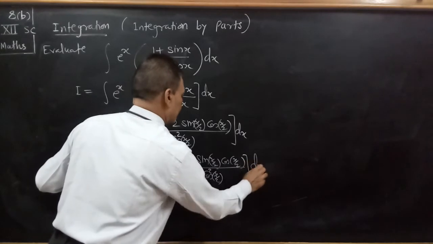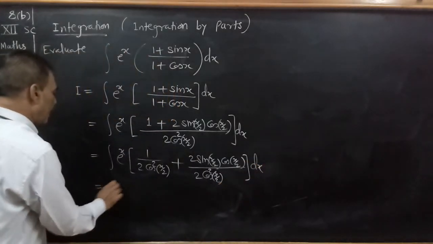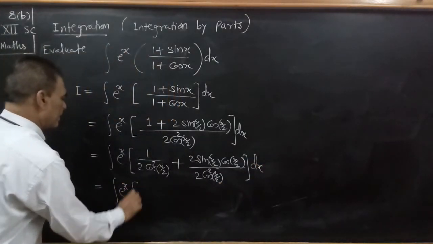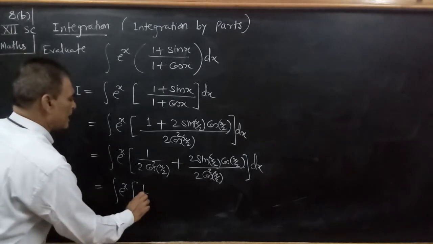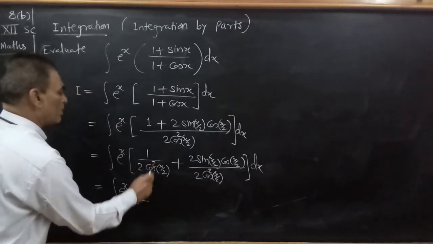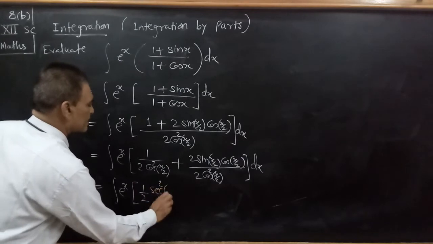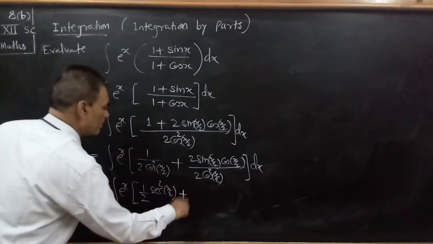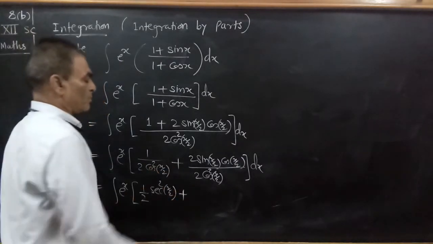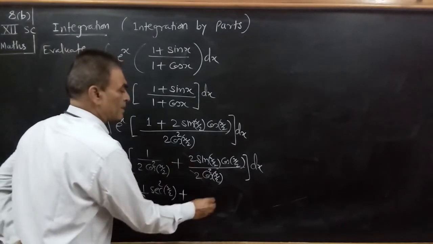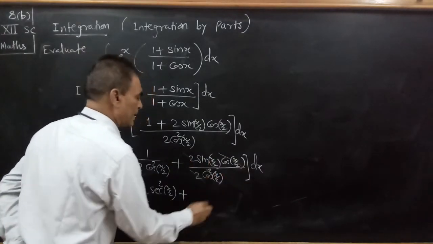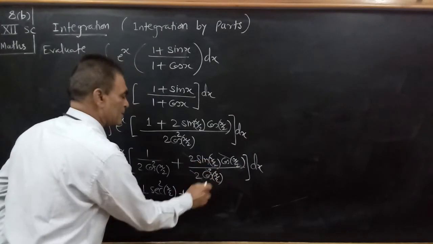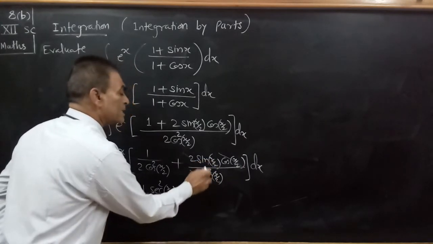Again you can note our standard format is like this: 1/2, 1 upon cos square is nothing but sec square x by 2, plus, what can be in this case? 2 gets cancelled, one of the cos factors is cancelled, only remaining sin x by 2 divided by cos x by 2, that is nothing but tan x by 2.